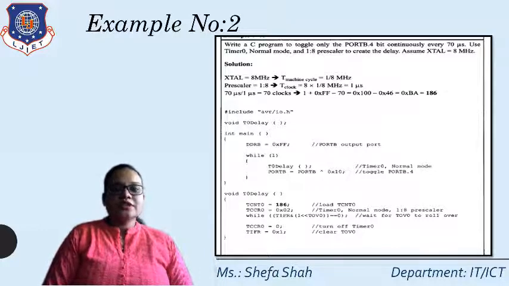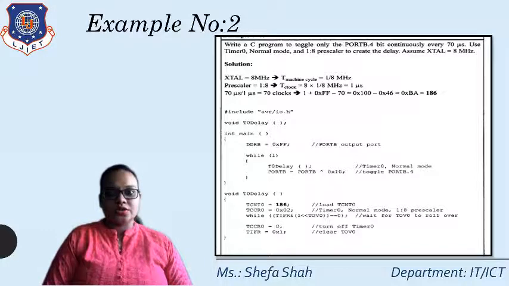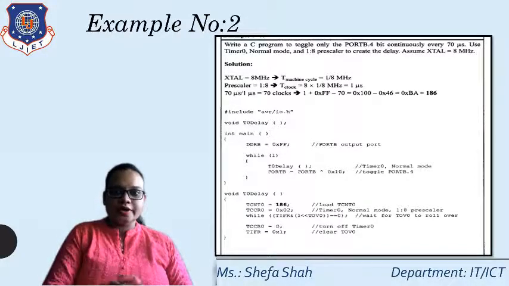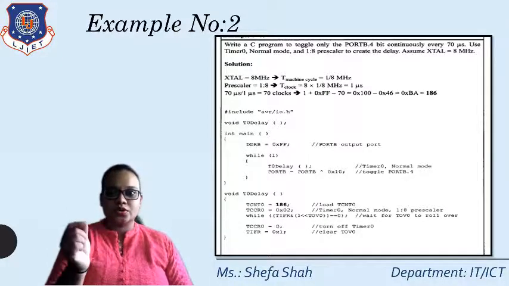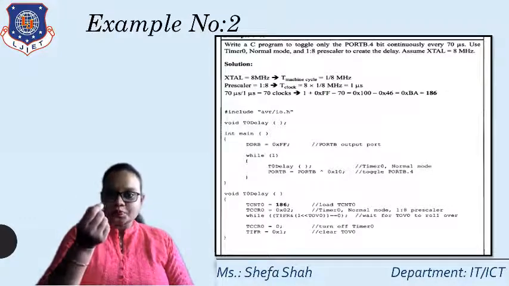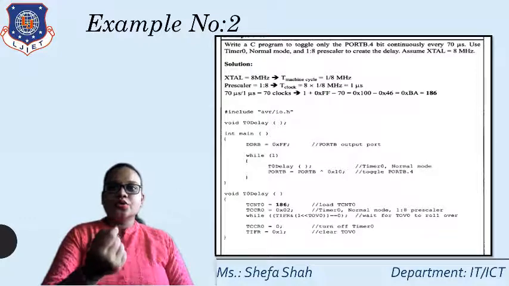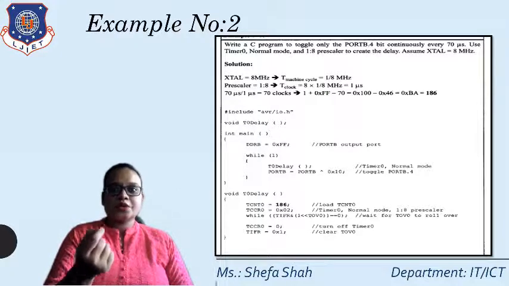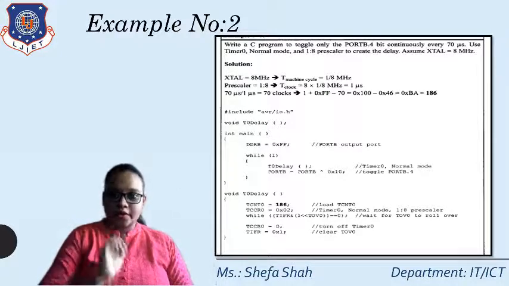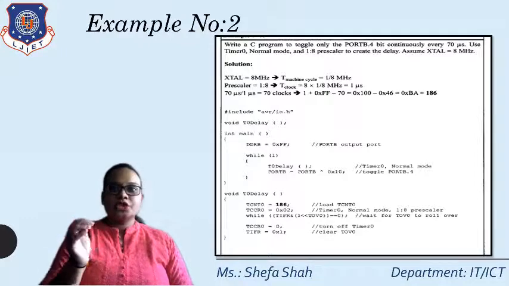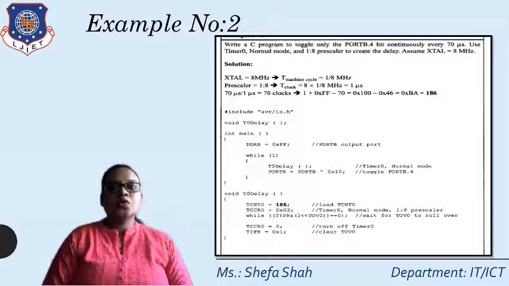So port B is equal to port B XOR 0x10. That means if you put a 1 in the fourth bit and 0 in all the other bits and make a hexadecimal number, it will be 0x10. So whenever you need to toggle a particular bit of the port, you need to XOR that bit with 1. Clear? So PORTB equals PORTB XOR 0x10.